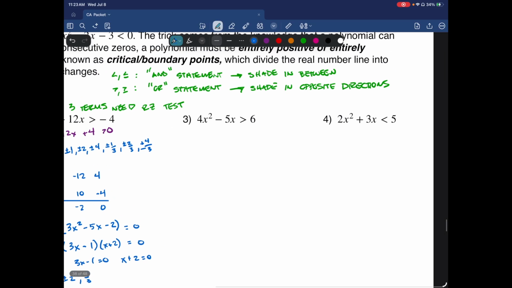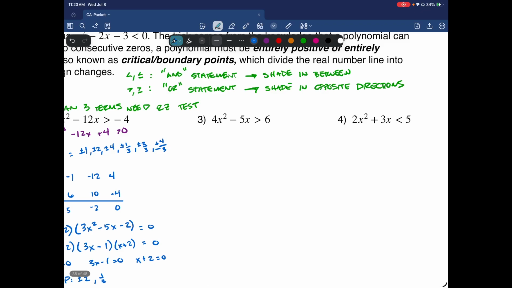All right, number 3, we're going back to like we did on number 1. We have 4x squared minus 5x minus 6 greater than 0. They don't have a GCF, so I'm going to do the AC method. And so that's going to be x squared minus 5x minus 24, equals 0, factor.